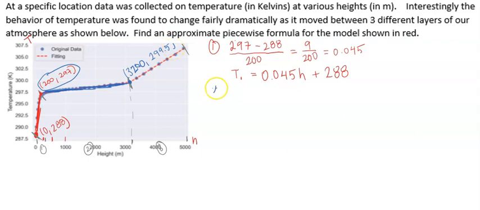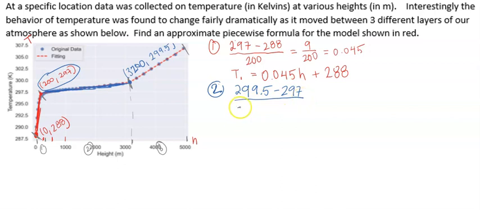So for piece number 2, same process. We need to find a slope. So I'm going to take that 299.5, and we're going to subtract the 297 that was our second point last time.